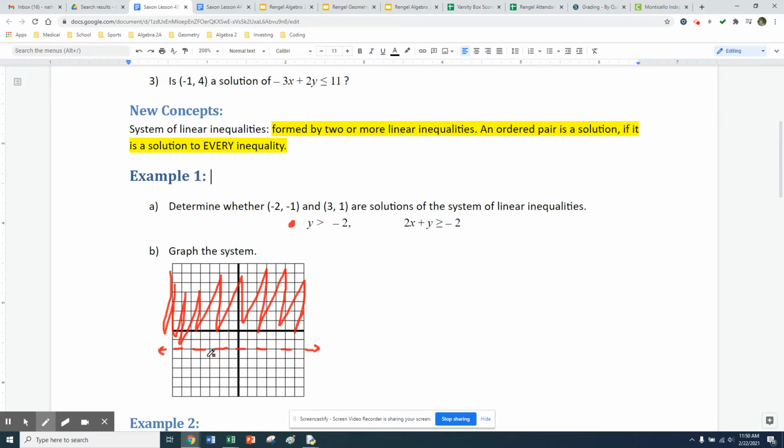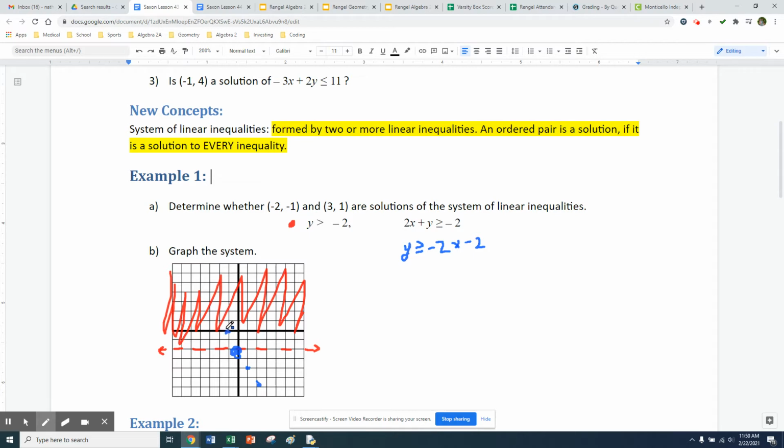And the second equation, 2x plus y is greater than or equal to -2. Well, we'll get the 2x moved over, so y is greater than or equal to -2x minus 2. And we'll graph that boundary line. This would have a y-intercept of -2, and then a slope of -2, which means I'm going to go down 2 over 1, down 2 over 1, and follow that pattern.